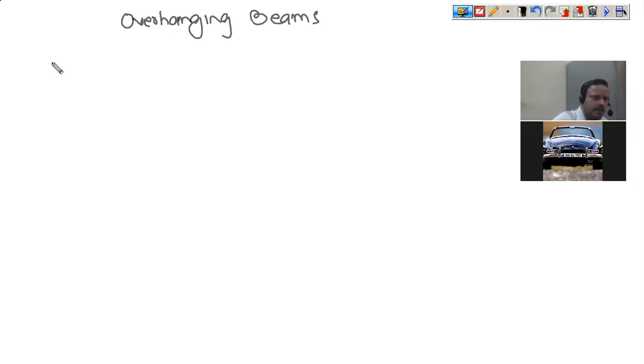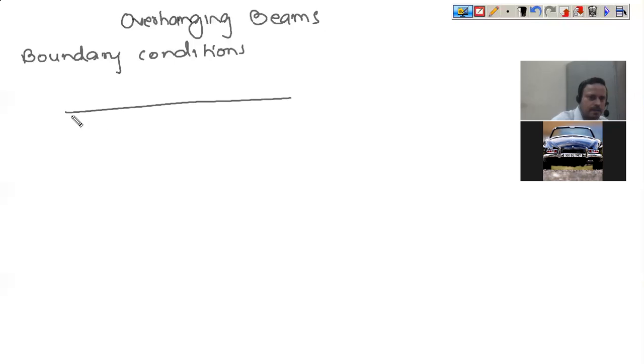The difference lies in boundary conditions, which means that it may have one or two overhangs. Let us say that this is an overhanging beam, and this is 6 meters and this is 4 meters.